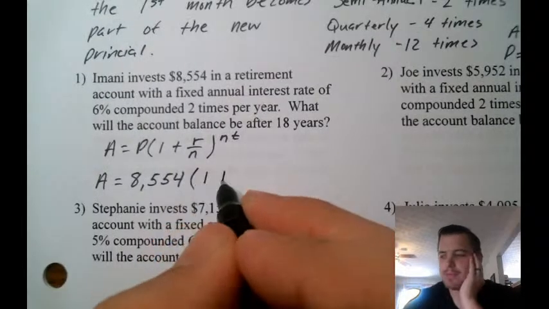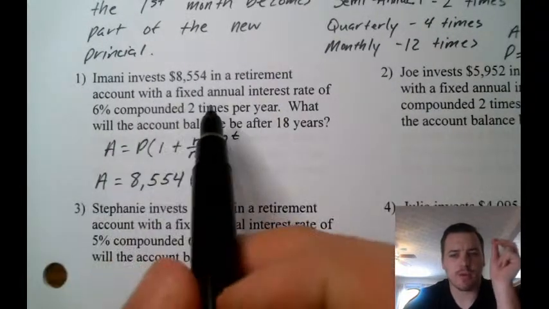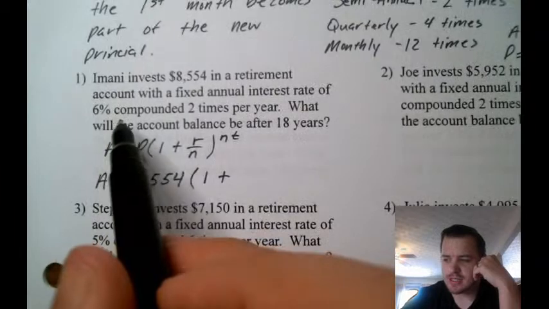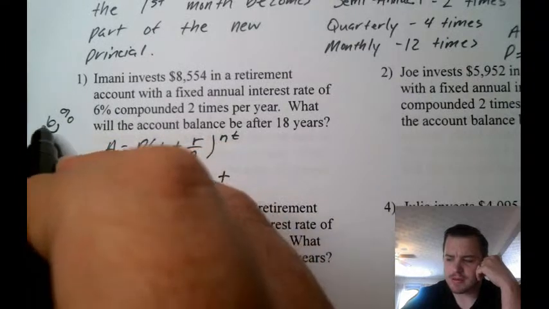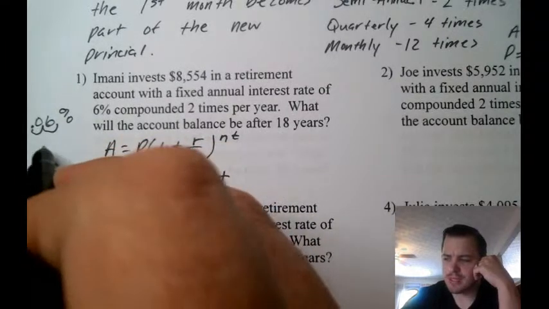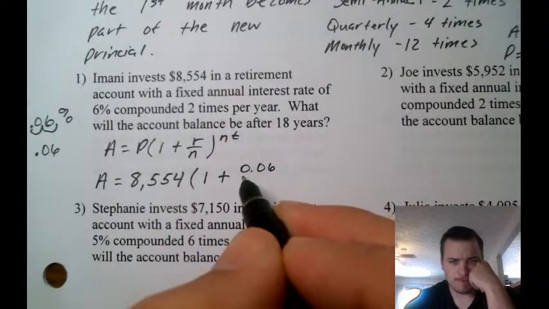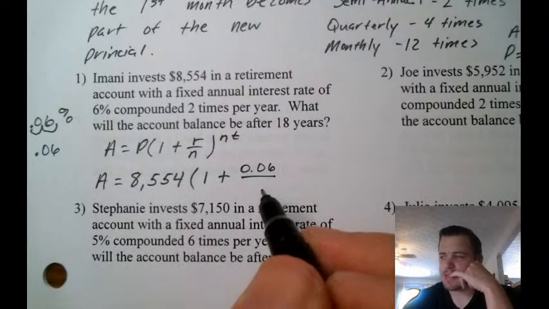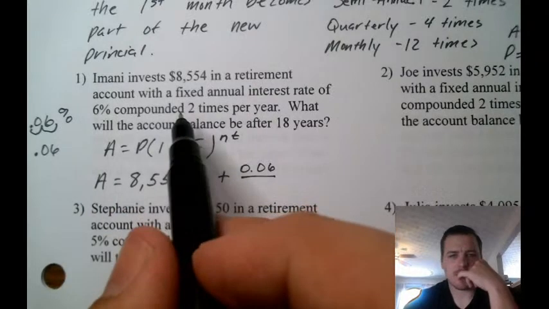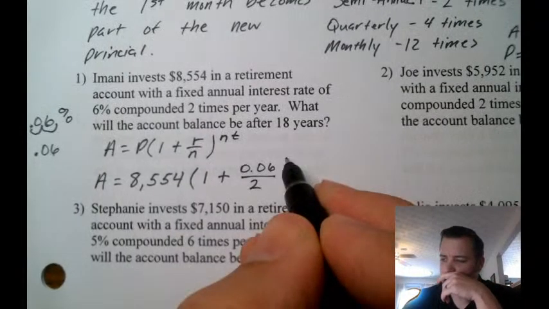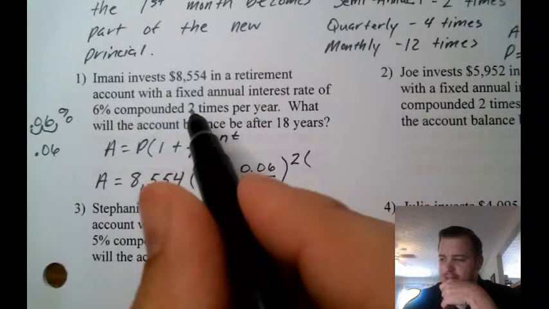R stands for rate. But you always want your rate as a decimal. Notice her rate is 6%. So 6% as a decimal, if y'all remember, you go back twice, 1, 2. And that would be equal to 0.06. So plus 0.06 over how many times it's compounded, which is 2 times per year. So over 2. And then raised to 2 times 2 comes from the compound. N is the same. And then T is the number of years, 18.